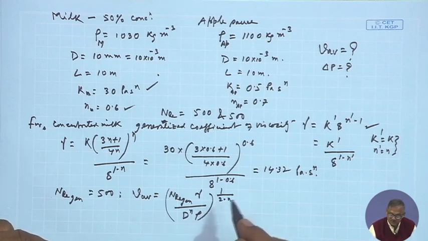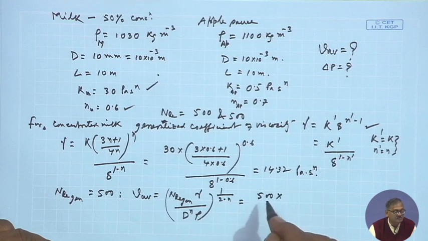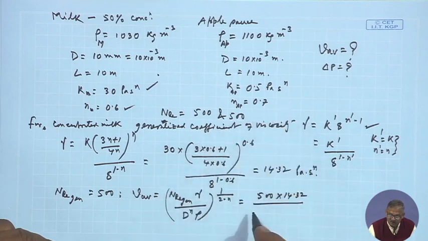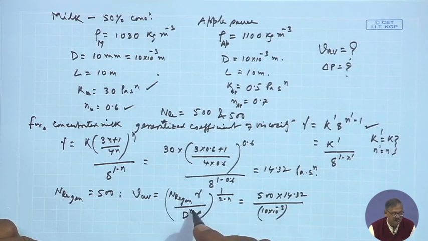right. So, for that energy general is 500 into this gamma has been found out to be 14.32, right. D has been found out to be 10 millimeter, that is 10 into 10 to the minus 3 whole to the power n.